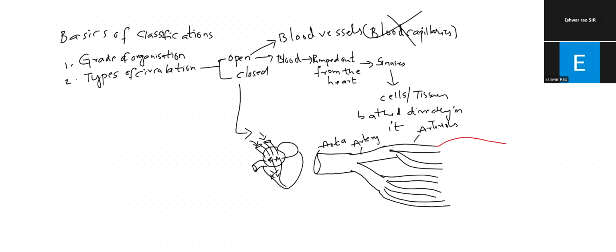The arterioles further divide to form capillaries. Many capillaries are present. Minute blood vessels are called capillaries. All these capillaries again reunite to form venules.